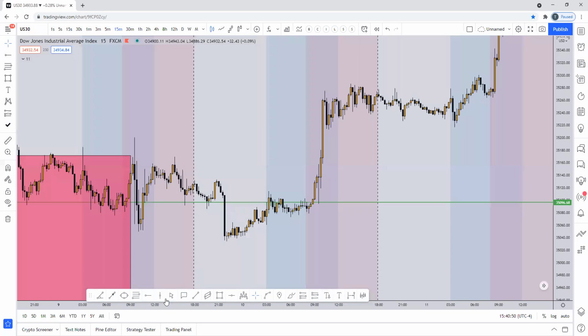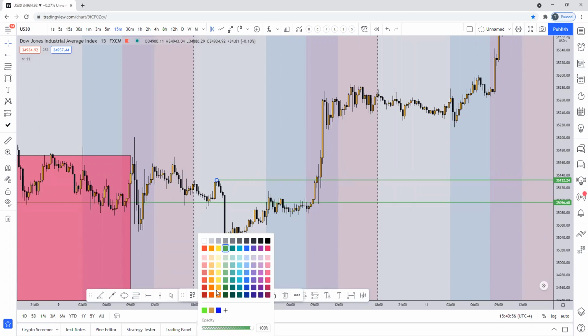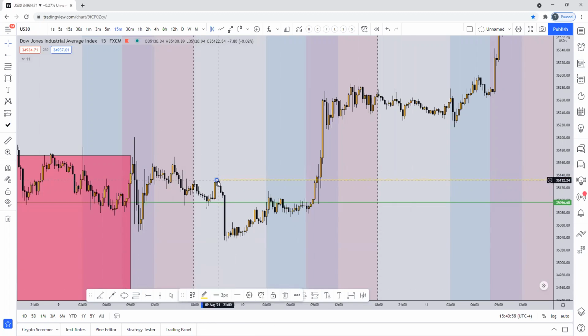Now, I'm going to draw this line here so we can see where price actually broke, and I'll do it in a different color. But when price breaks here, I understand there should be a retest of this area. Price should come back into this area that it broke. I don't know why it does that.